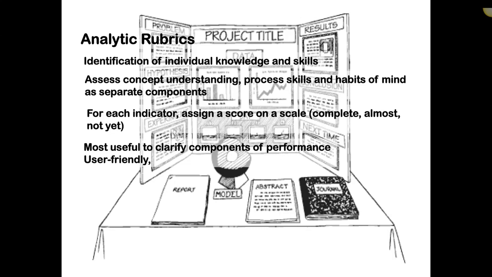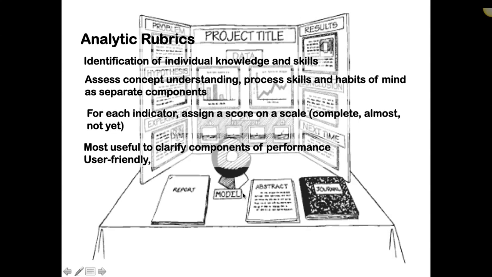So for example, if you want to do a science fair and ask the students to develop a project, right? Then you can give some specific indicators. They're going to have to provide some problem, set some hypotheses, and provide some data model, something like that, right?